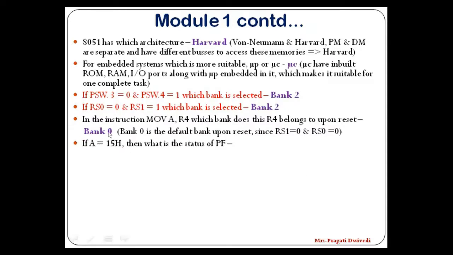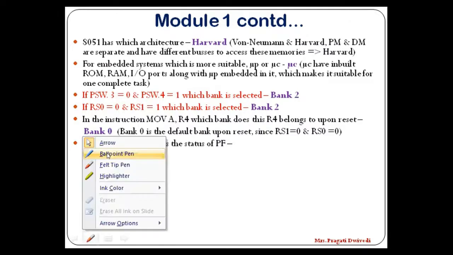Alright, now if A is the result, your accumulator holds the result and the result is 15H. Then what is the status of your parity flag? We just saw parity will be set if you have an odd number of ones. So can you think whether it will be set or cleared? Now 1 is 0, 0, 0, 1, correct?